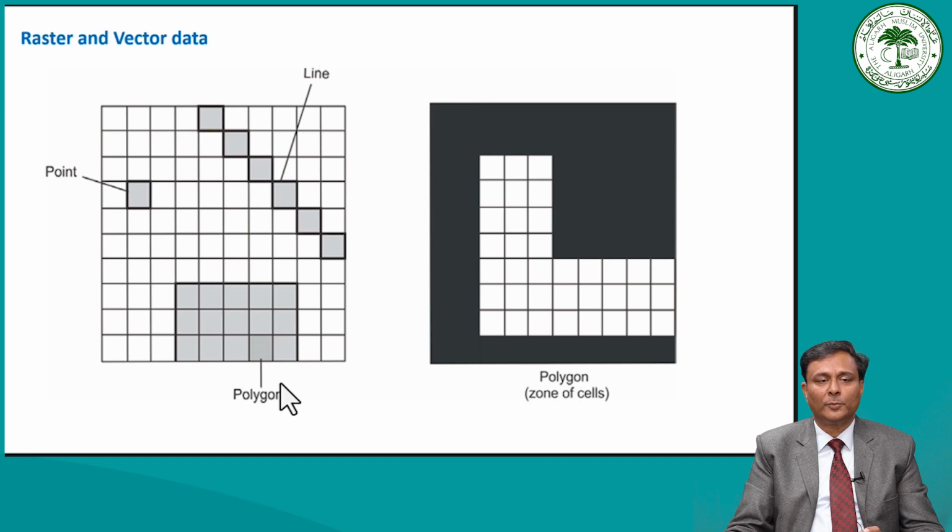Whereas a polygon would be a group of pixels, depending on the resolution of raster data as well as the size of the ground feature.